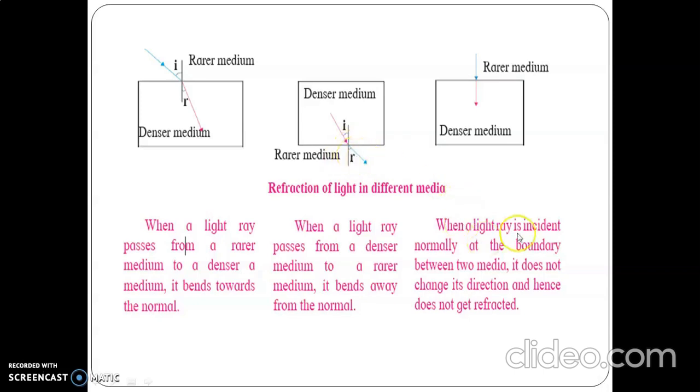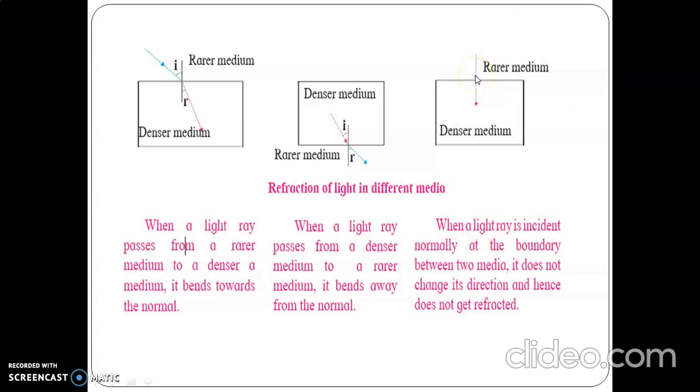And when a light ray is incident normally at the boundary between the two media, it does not change its direction and hence does not get refracted. Now see here, this is a rare medium, this is a denser medium. It is incident normally, at 90 degrees or at 0.